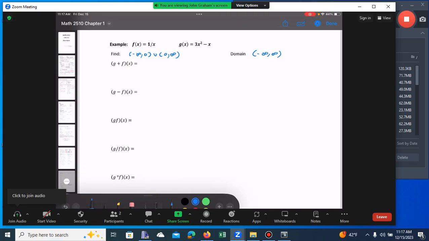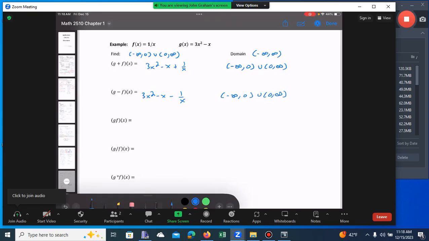So for g plus f, 3x squared minus x plus 1 over x, our domain has to restrict 0. For g minus f, 3x squared minus x minus 1 over x, still we have to restrict 0.